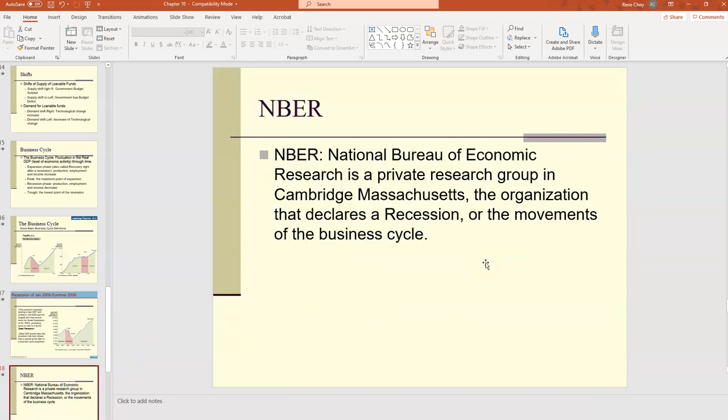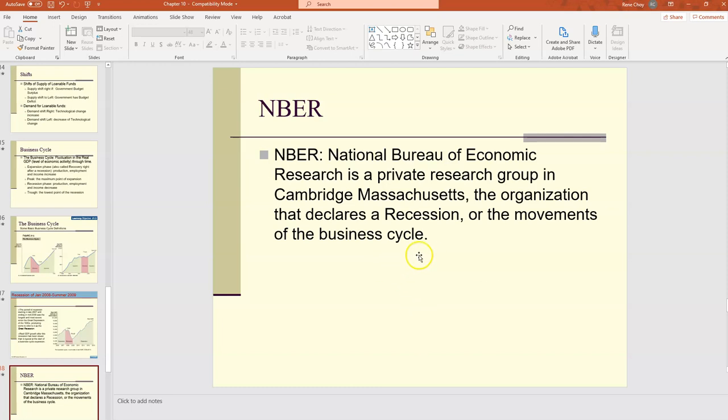Now, who's in charge of saying that we're in a recession or not? Well, the entity in charge of that is called the National Bureau of Economic Research, and it's really a private research group in Cambridge, Massachusetts. So they are the ones who declare a recession or not.